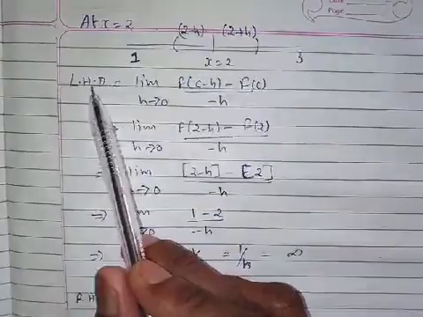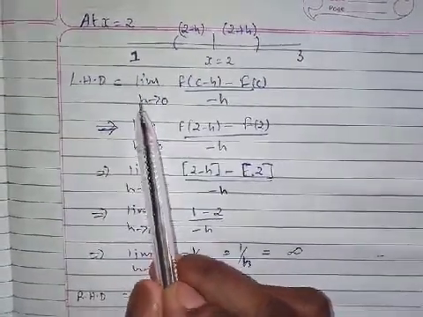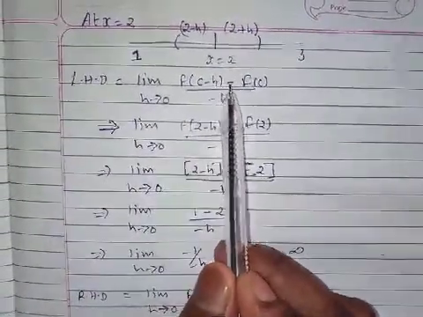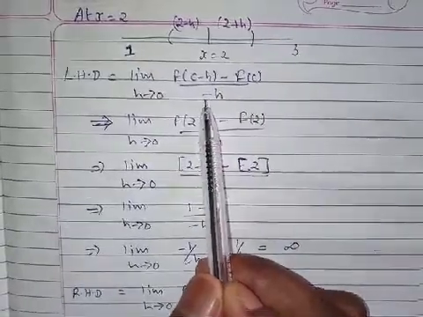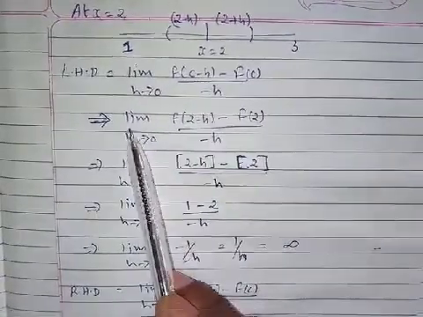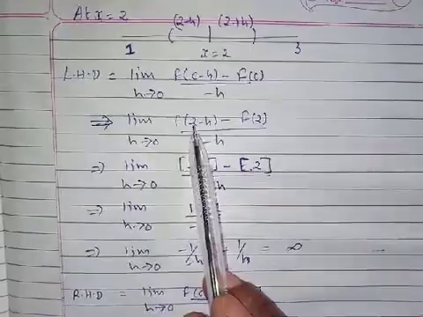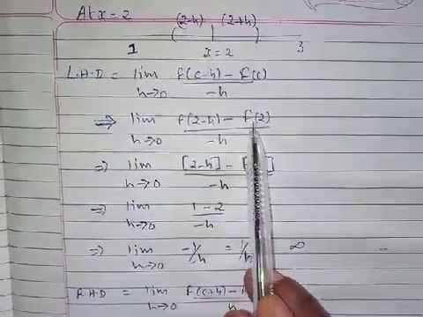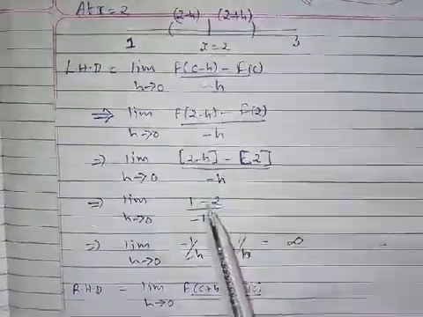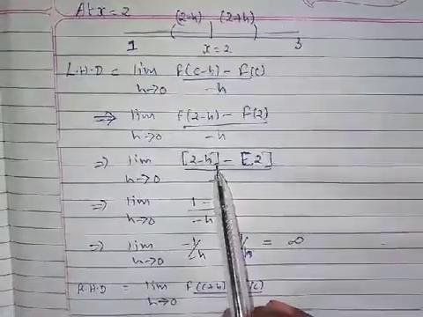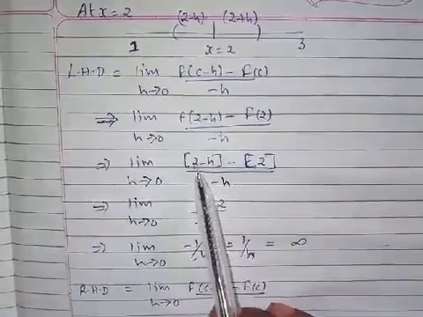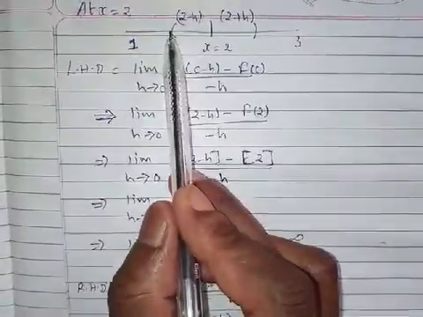So LHD: limit h tends to 0, f(c minus h) minus f(c) upon minus h. So limit h tends to 0, f(2 minus h) minus f(2) upon minus h. The greatest integer of 2 minus h: what is on the left hand side of 2 minus h?